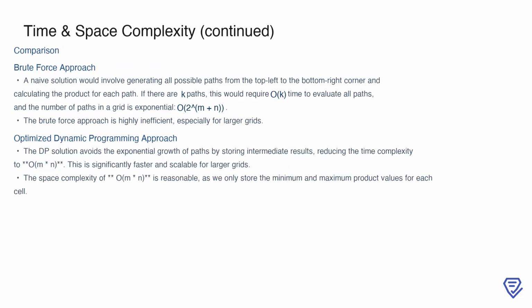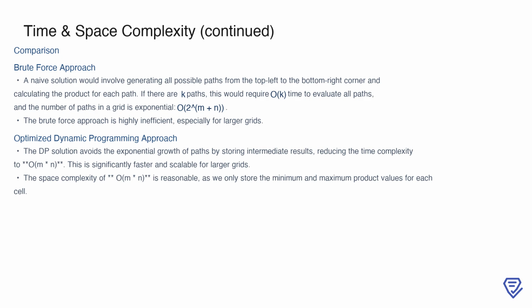A naive brute force approach would involve generating all possible paths from the top left to the bottom right corner of the grid and calculating the product for each path. This approach is highly inefficient because the number of paths in a grid grows exponentially, with O(2^(m+n)) paths in a grid of size m×n. Evaluating each path would take O(k) time, where k is the number of paths, making the brute force method impractical for larger grids.